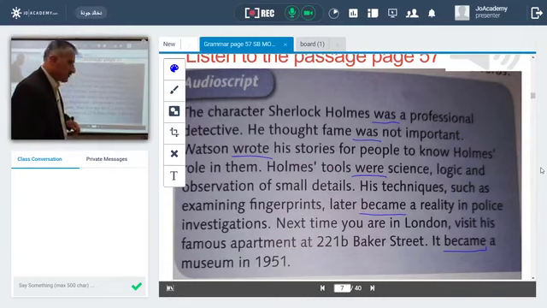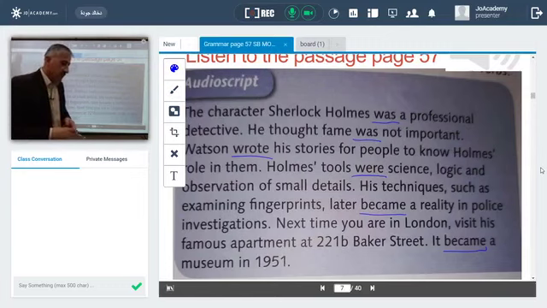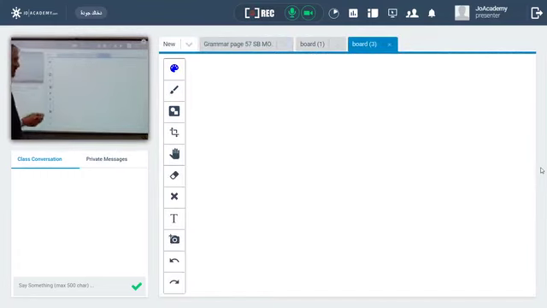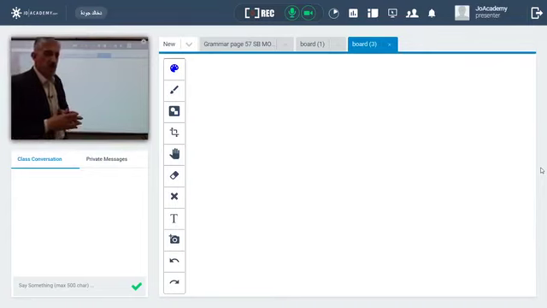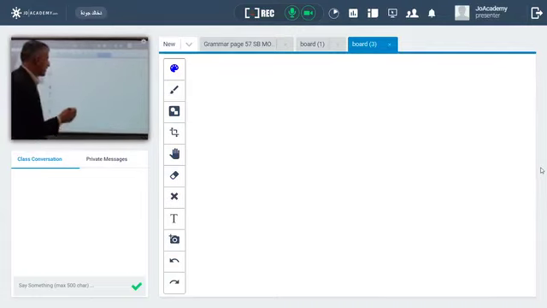Now let's go to a new lesson at the same page, page 57, and let's move to the next page, please. Today we are going to talk about the comparative. If I want to compare two things, usually we use adjectives. Let's say I have two persons.